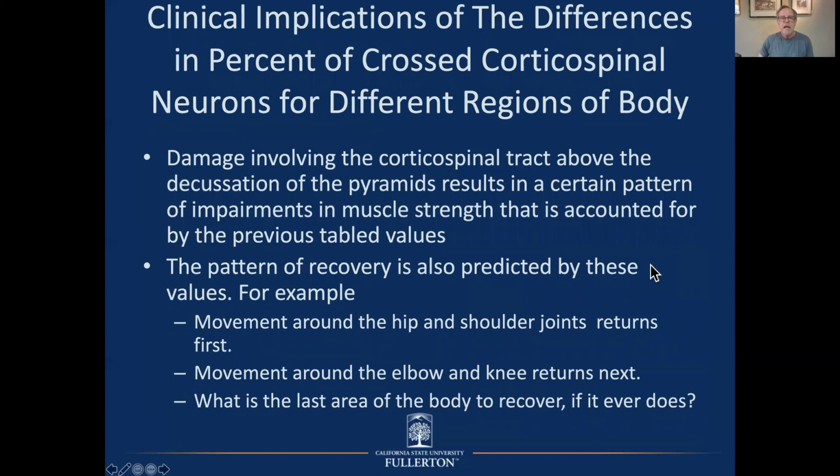Now, the clinical implications of the difference in the percent of crossed corticospinal neurons for different regions of the body. And you've seen this before, but this is so important. I'm glad they introduced it in two chapters, or went over it again.